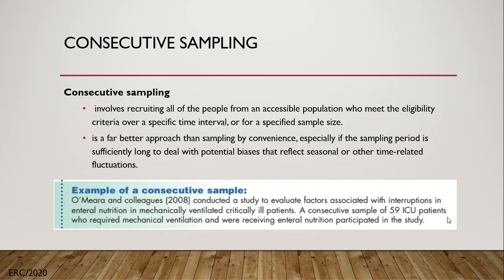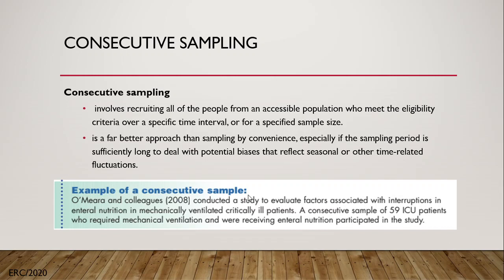Okay, when all members of the accessible population are invited to participate in a study over a fixed time period, the risk of bias is greatly reduced. Consecutive sampling is often the best possible choice when there is rolling enrollment into an accessible population.